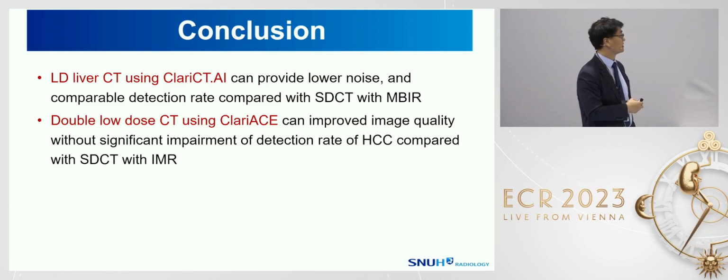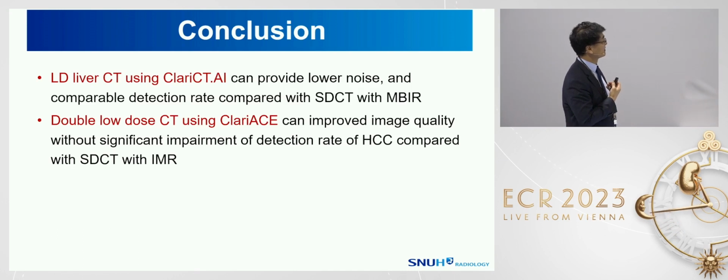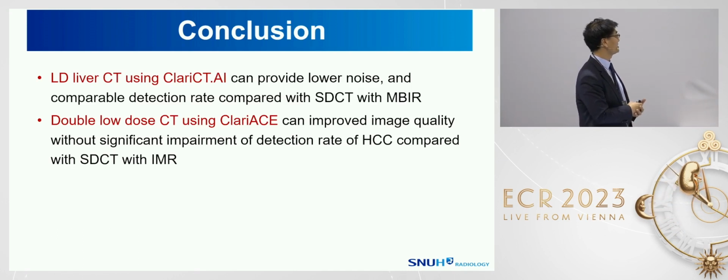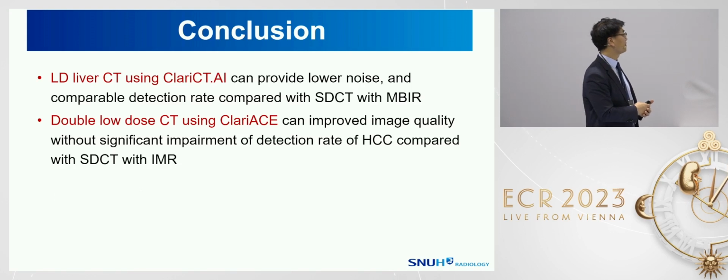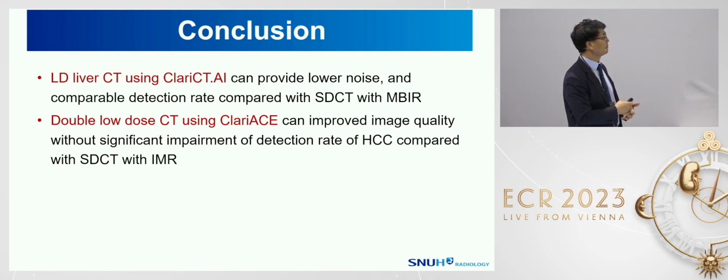So based on our experience, I can conclude that low dose liver CT using ClariCT.AI can provide lower noise and comparable detection rate compared with standard dose CT with MBIR technique.